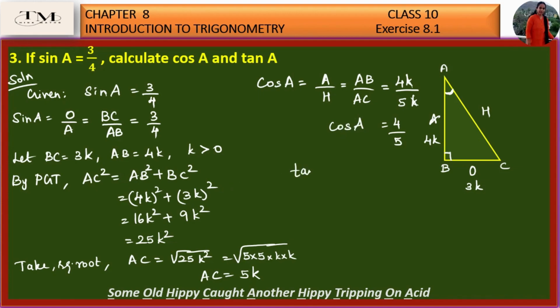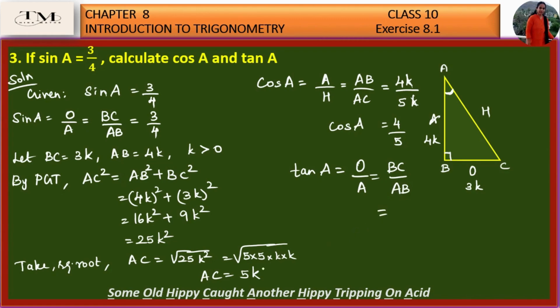Next we have to find tan A. What is tan? T stands for tan, so tan A is equal to O by A, that is opposite by adjacent. Who is opposite here? BC. The adjacent side is AB.